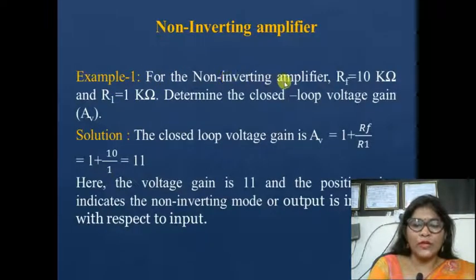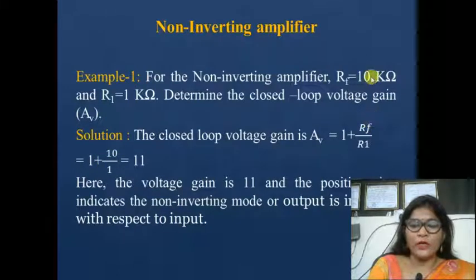Now we are taking this example for the non-inverting amplifier: Rf is given as 10 kilo ohm and R1 is equal to 1 kilo ohm. Determine the closed loop voltage gain, indicated by AV or also by AF. So AF, or AV, is equal to 1 plus Rf upon R1, that is 1 plus 10 upon 1.